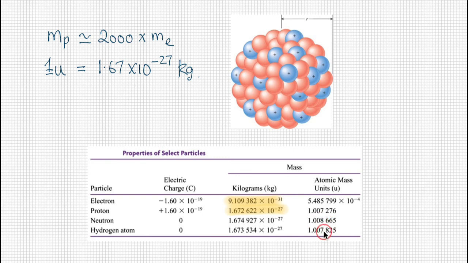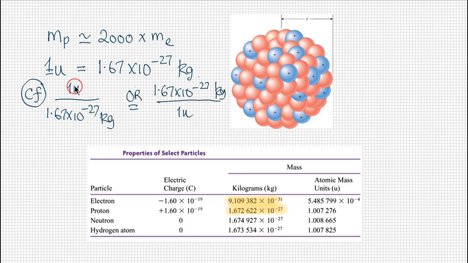There are small differences which we will talk about later, but at the moment one atomic mass unit is about 1.67 by 10 to the minus 27 kilograms. If we want to convert between atomic mass units and kilograms, we use the factor conversion method. These are the conversion factors we can use. If we want to convert to U's, we multiply by this fraction, or if we want to convert from U's to kilograms, we multiply by this fraction.